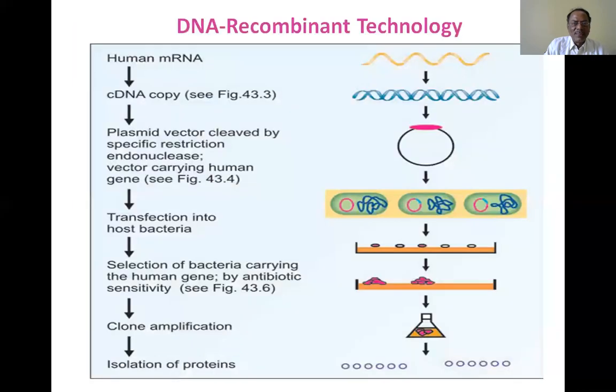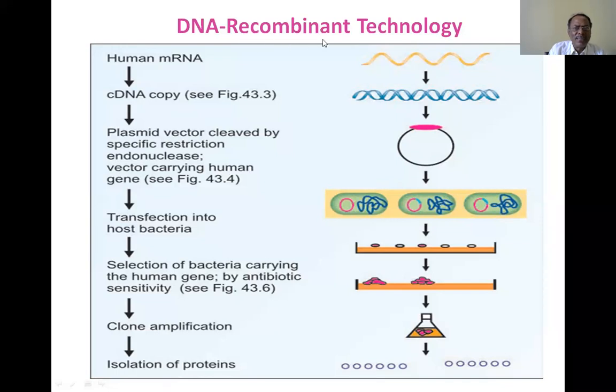After learning thoroughly about this, we shall now enter into another very important and fascinating topic: DNA recombinant technology, DNA recombination, combining and recombining. Why is it called recombinant DNA?